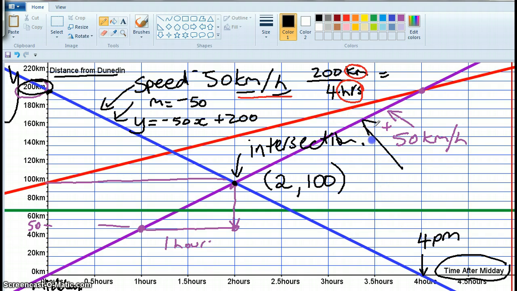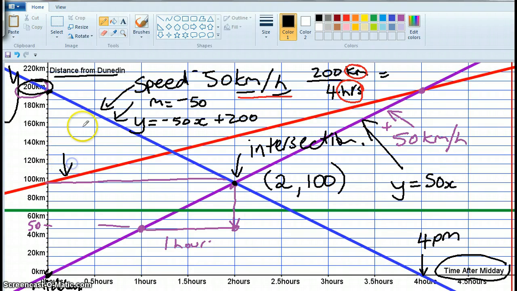Equation of this line. Y equals, anybody? 50. Fantastic. 50x. This intercept is 0, so it's just y equals 50x. Notice when we got the gradient, we had to look at the numbers on the scale, you couldn't just look at the boxes. That's a real trick. The scales are not uniform. You needed to look at the numbers for the rise over run.